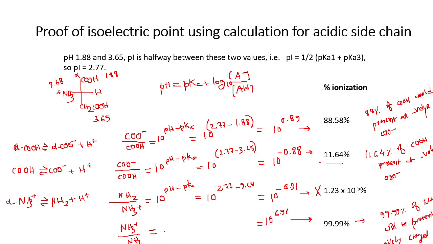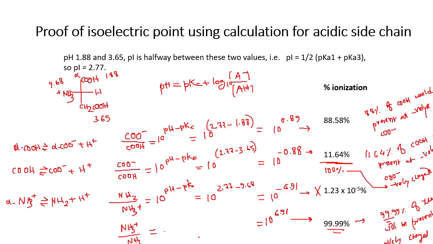So if you add this 88.5% plus this one, it would be close to 99%, or if you add this up, it would be almost 100%. So what it means is that the total amount of negatively charged groups is the same as the total amount of positively charged groups, which is this much.